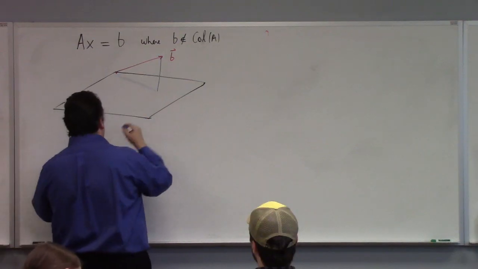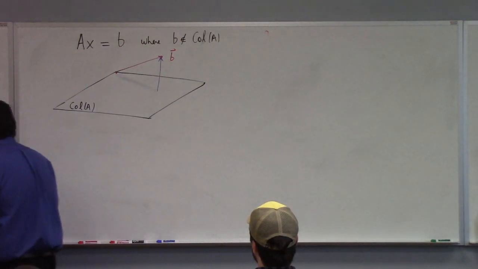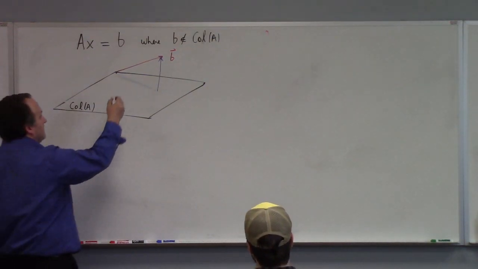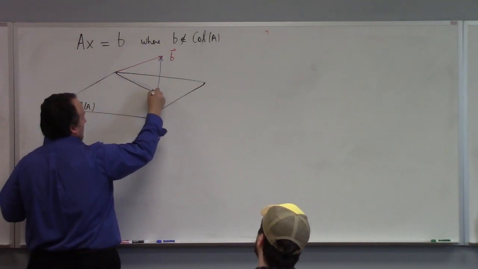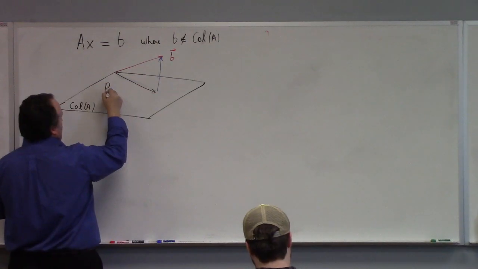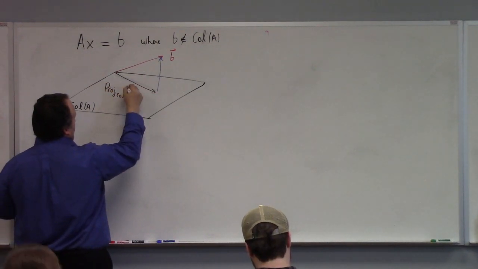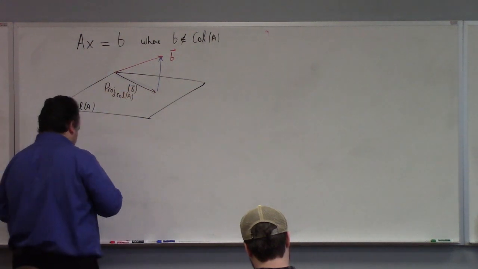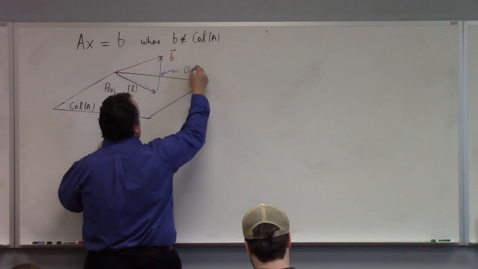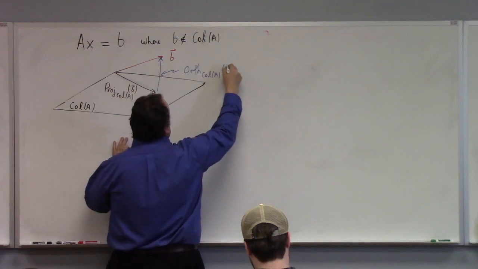So we've got the piece which is perpendicular to the column space, right? And we've got the piece which is in the column space. So this would be what? The projection into the column space of A of b. And the other piece is, of course, the orthogonal projection into the column space of A of b.